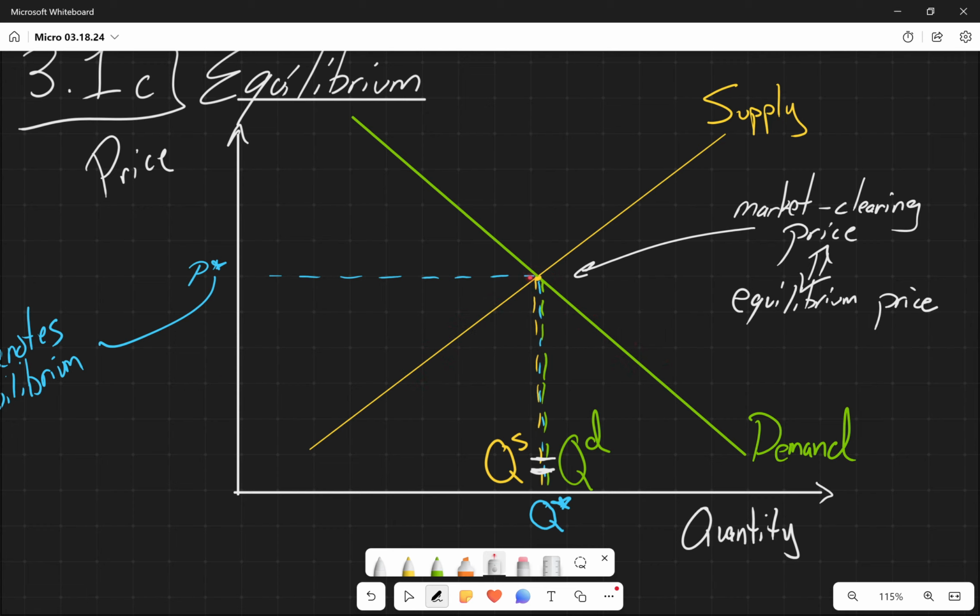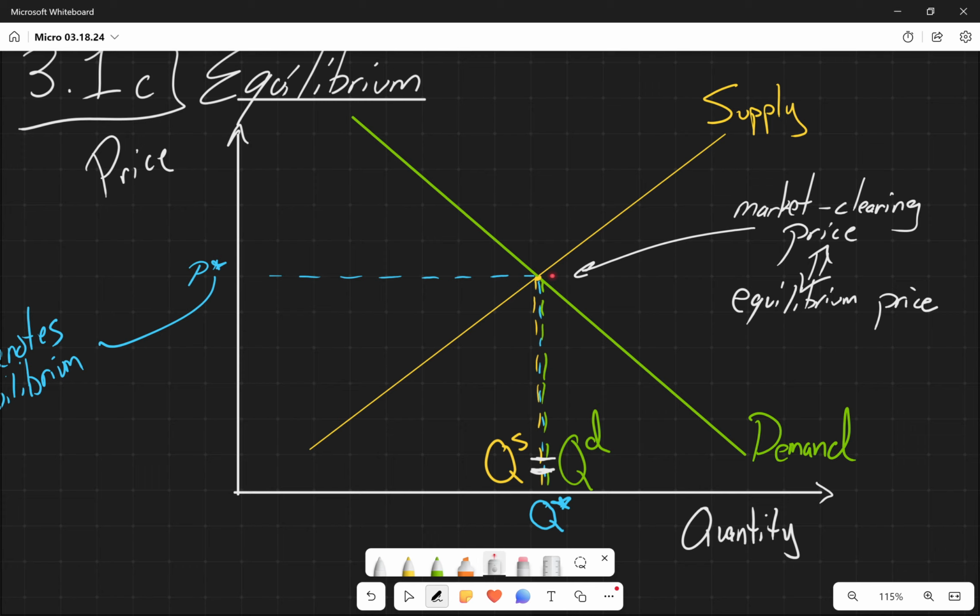There's stability to the equilibrium, because anytime it gets perturbed, it gets jostled off of its path, the normal market forces will bring the price either down if it's too high or up if it's too low.